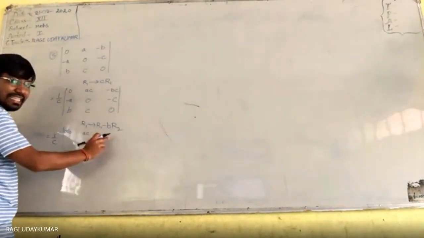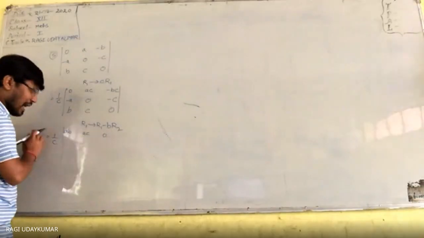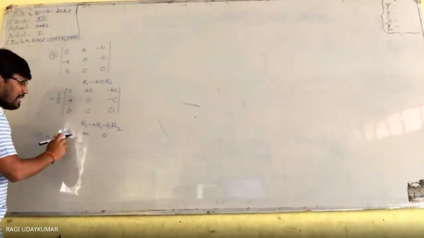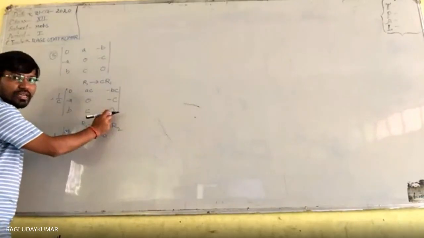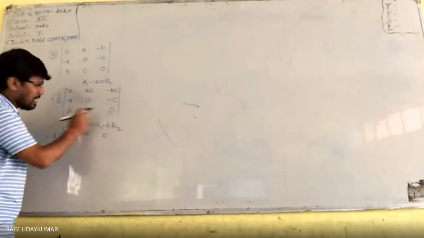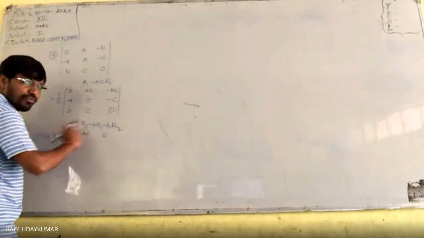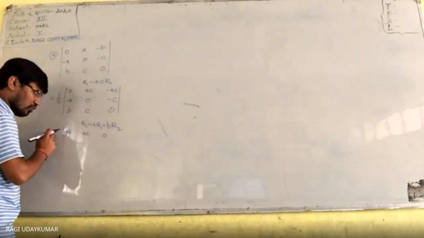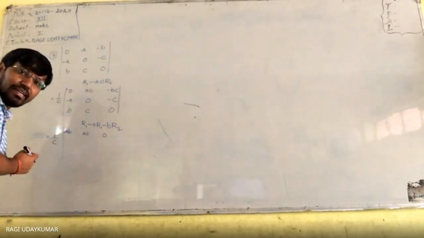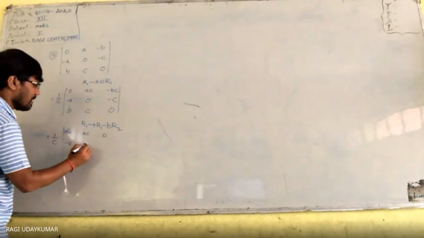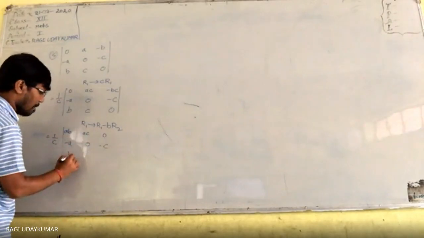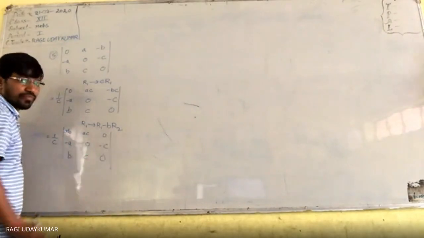From this, if you take the common A outside, BC 0 comes, and here also BC 0. So the first row also becomes, when you take the common A outside, BC 0, and then minus A 0 minus C, B C 0.